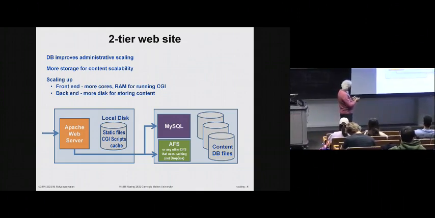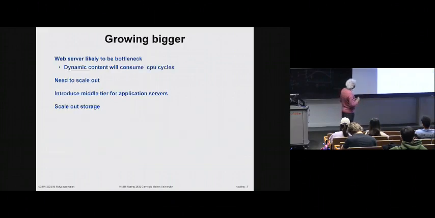So somehow the addition of dynamic content, again driven by, for example, advertising, means that the simple front end is not adequate. We somehow have to add more processing capability at this end.